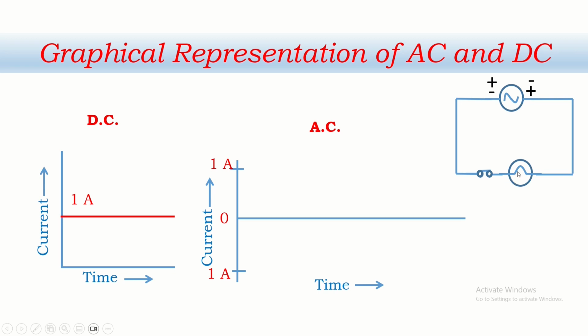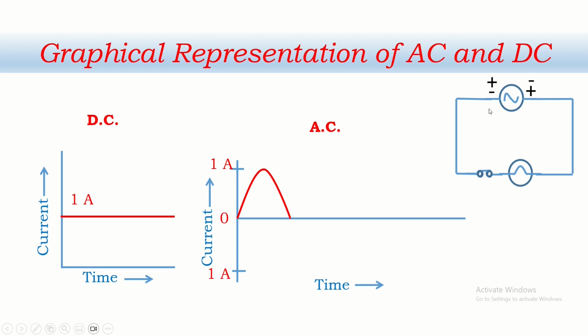When it leaves the bulb completely and reaches the negative terminal, the bulb wouldn't get any current at all and the value of current becomes 0. And it can be represented like this. The value of current keeps on increasing from 0 and goes to the maximum value of 1 ampere, and again it decreases from 1 ampere and comes down to 0.